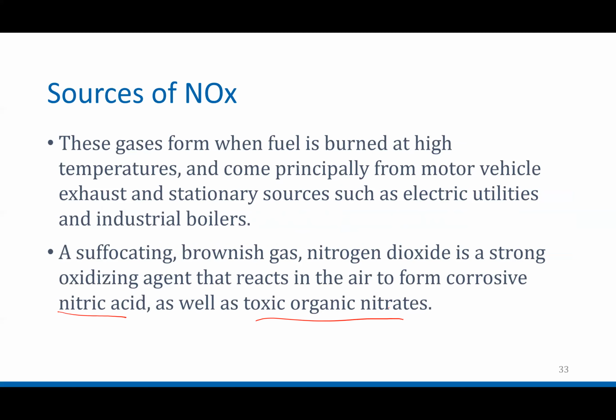All right, so that's it. Oh, and again, I didn't really mention this here. How do we reduce it? Well, if these gases are coming from burning fuel, if we can reduce the hydrocarbon combustion or reduce burning this fuel, we can reduce the sources of nitrogen dioxide, nitrogen monoxide.